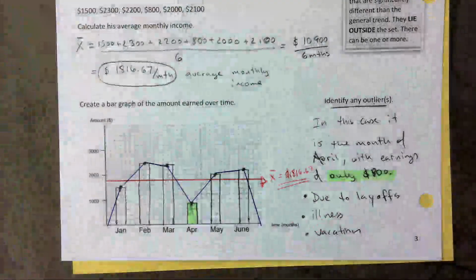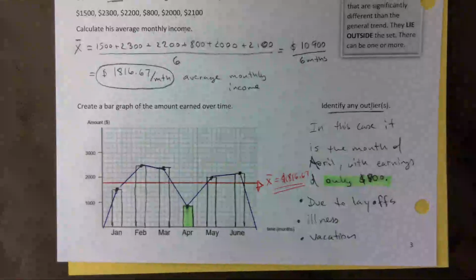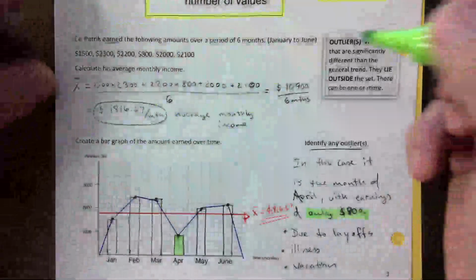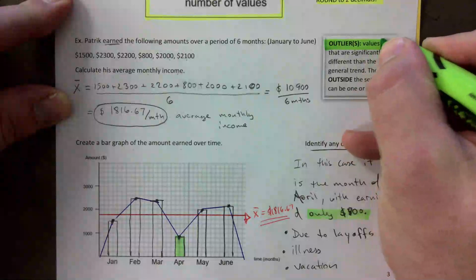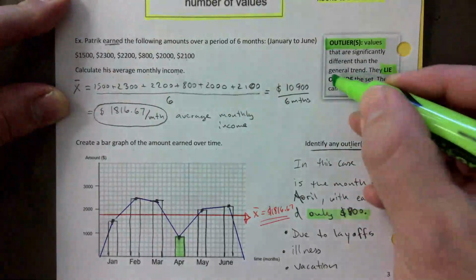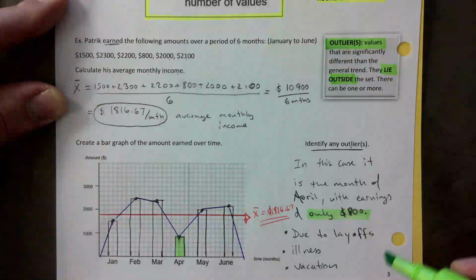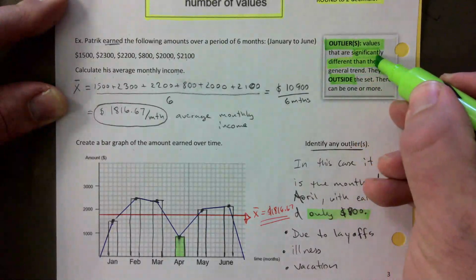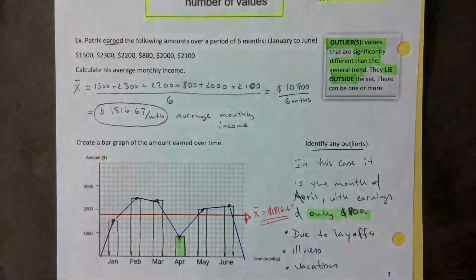Make sure you highlight outliers here. I use green in my notes. Make sure you highlight outliers and what they are. They're significantly different than the general trend. That's what outliers are.